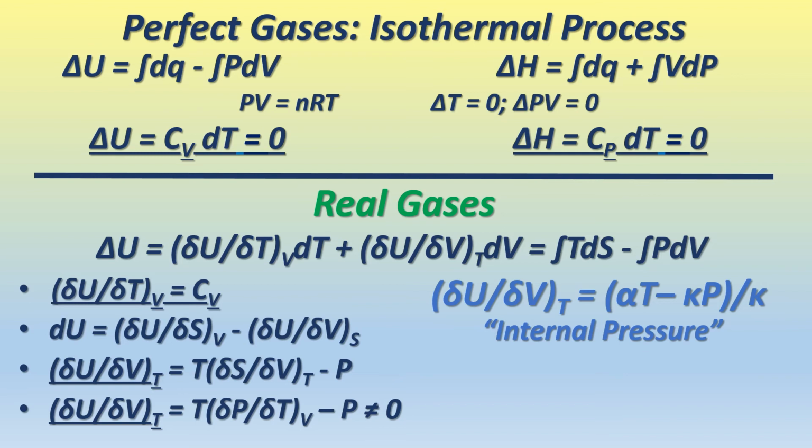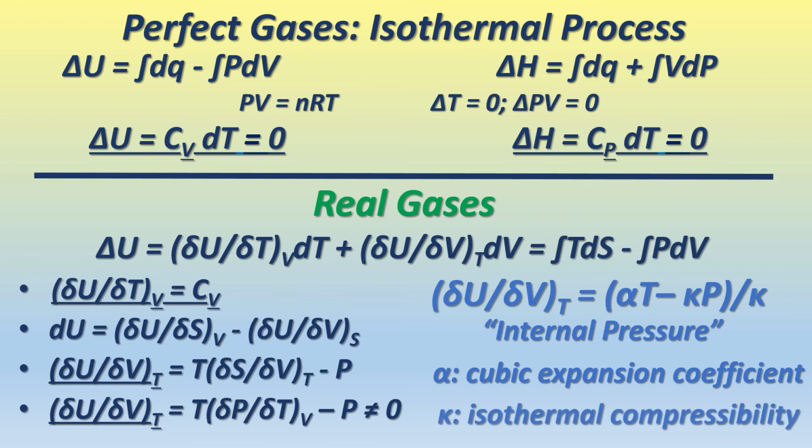Theoretically, an ideal gas has no volume. The gas should be able to be compressed to zero. However, a real gas cannot be infinitely compressed. There is an internal pressure that keeps it alive. In this, alpha is called the cubic expansion coefficient. Kappa is known as the isothermal compressibility of the system.